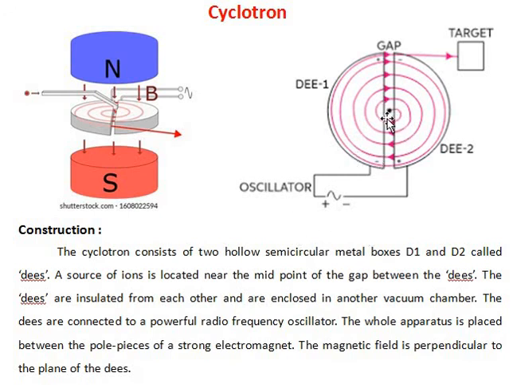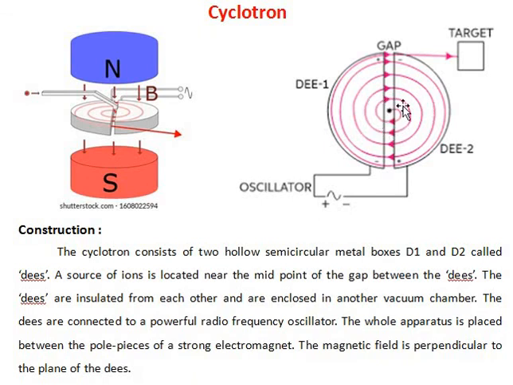Suppose the ion is ejected from the center, then it moves with some initial velocity. When it exits from this source, the Ds are applied with the electromagnet, so it makes a circular path.